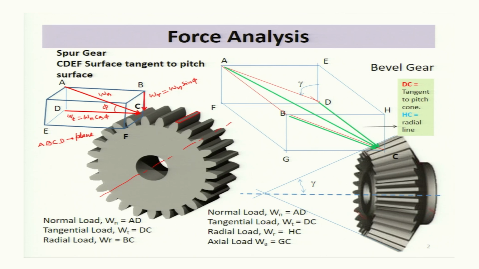It means the plane of Wn for the case of bevel gear will be the plane obtained when ABCD rotates by an angle gamma.